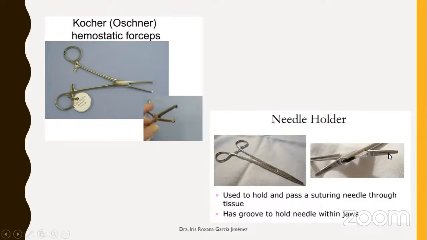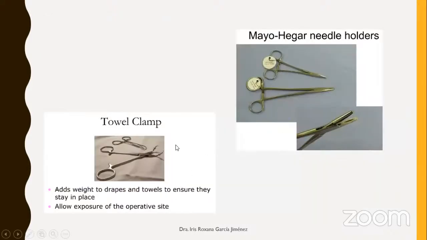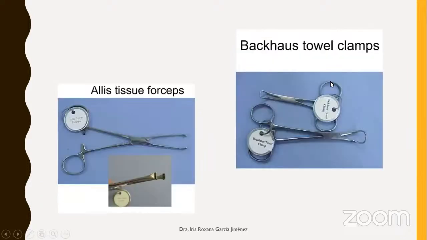This line is for making extra pressure on the needle. The towel clamp, you can see it's for catching the drapes, I mean, all the material that is going to be on the patient. The Mayo-Hegar needle holders again, with the groove.